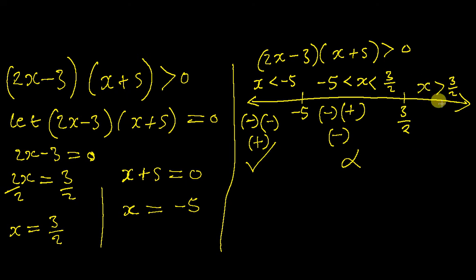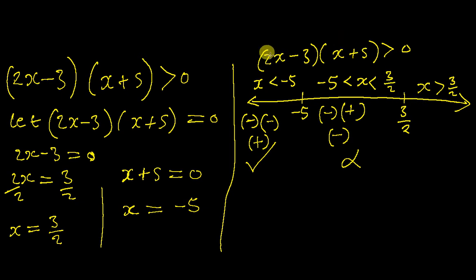So let us also go to this other region. We get any number that is greater than 3 over 2. We can even get 2 or 3. Because 3 over 2 is just the same as 1.5, we can even get 2. Or if you want, let's just get 3.